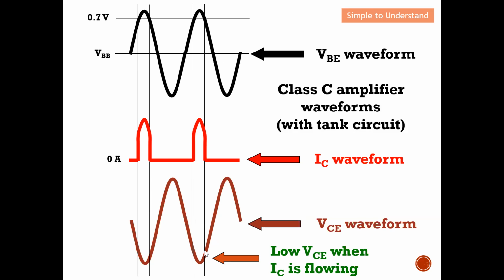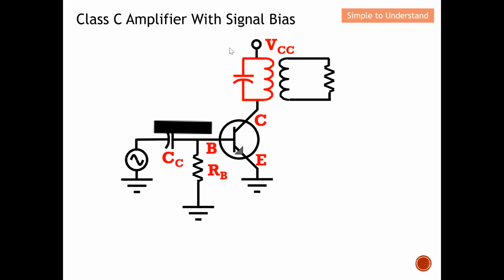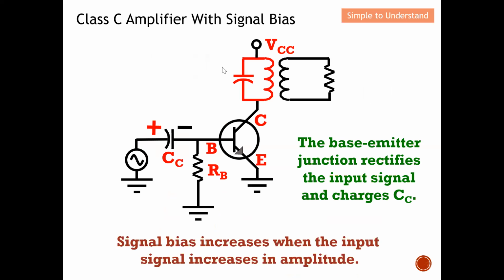In terms of how exactly this works, again, it is in the playlist under the description. You can take a look at the Class C amplifier videos to understand this completely. But over here, when I have a current flowing at the collector, I have the lowest VCE. Again, this is with signal biasing.